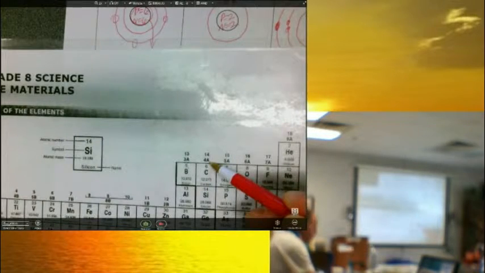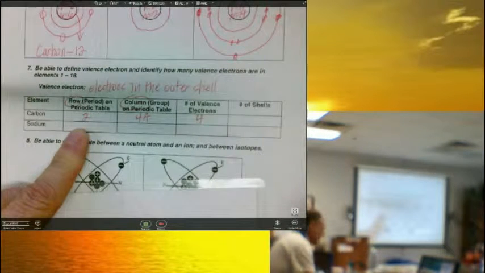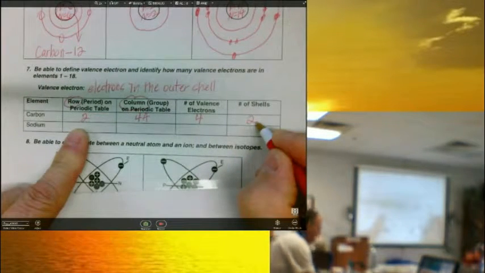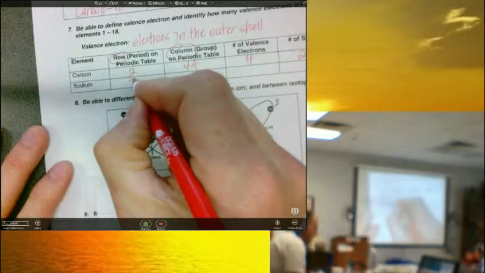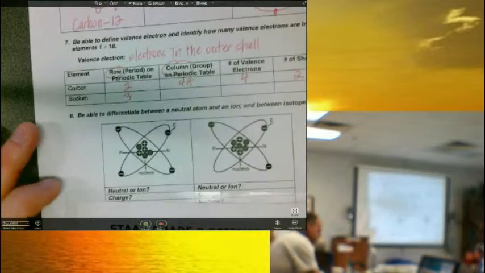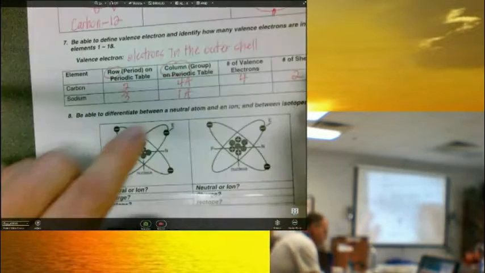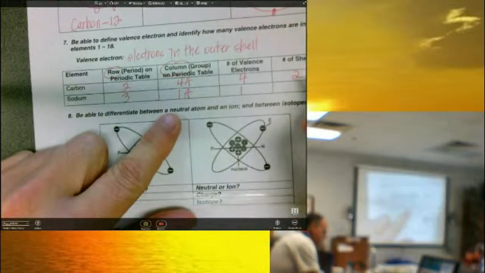So you would write 4A. That 4A tells us there are 4 valence electrons. The row 2 tells us there are 2 shells. For sodium, which is here, it's in row 3 and column 1A. That means there is 1 valence electron and 3 shells.